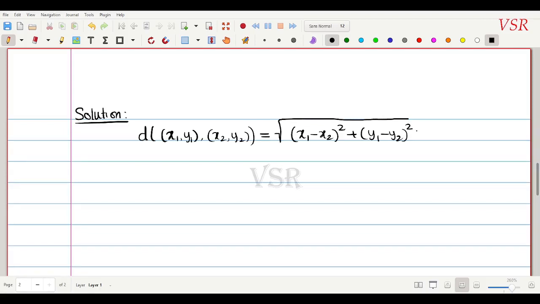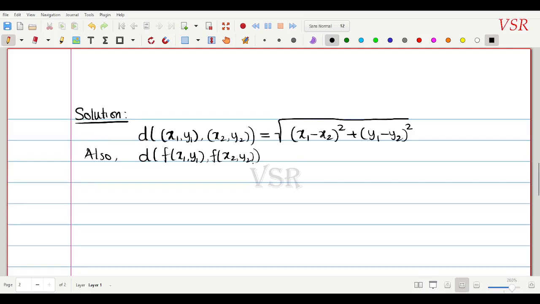Also, the distance between f of (x1, y1) and f of (x2, y2) is what we are going to calculate.